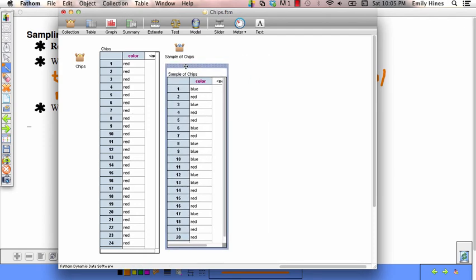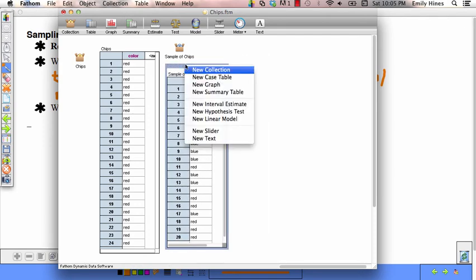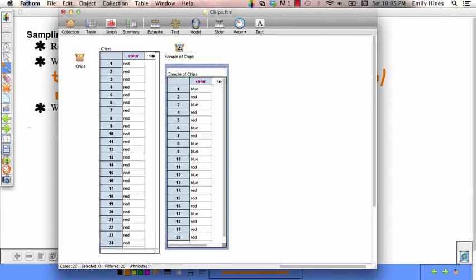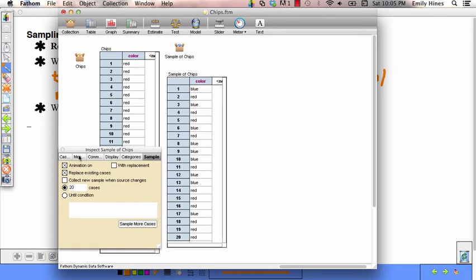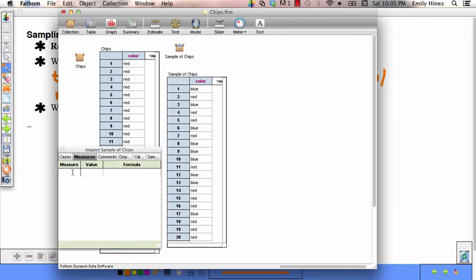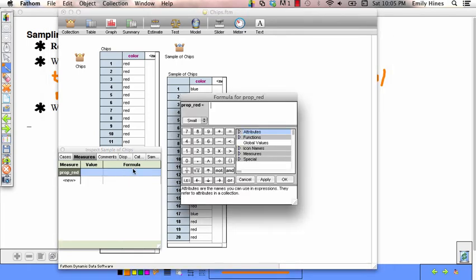And if I want to know how many of them are red and how many of them are blue, I'm going to create something. Here we call it a measure in this program, but really it's our statistic. And I'm going to call it the proportion of red chips. And I'm going to tell my calculator here that I want the proportion where the color is equal to red.